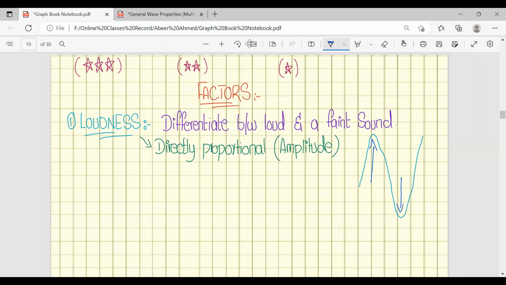So loudness is directly proportional to the amplitude, which means that louder sound is directly proportional to the amplitude. If we increase the amplitude, we will get the louder sound, right? And if we decrease the amplitude, we will get the faint sound, right? Any confusion? No. Okay.